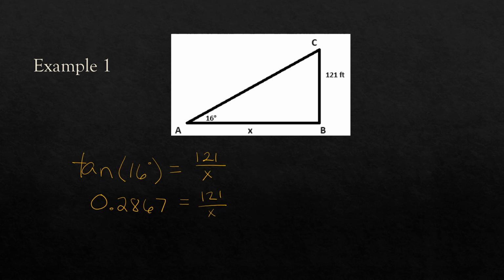If we use algebra, we can multiply both sides by x. And that means that on this side it cancels. So we have 121 is equal to 0.2867x. Then we'll divide by the 0.2867.